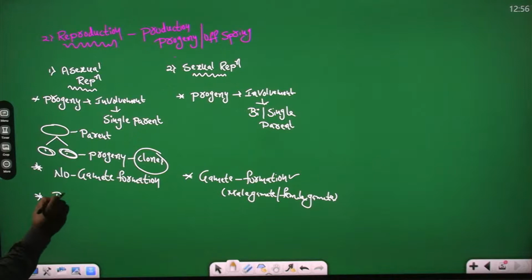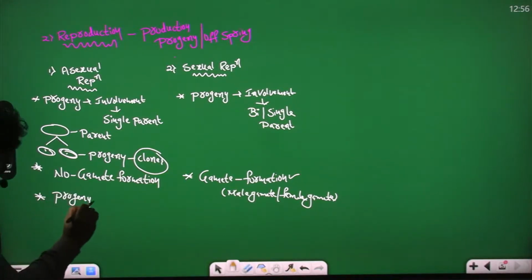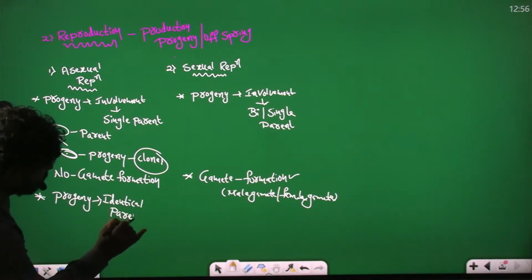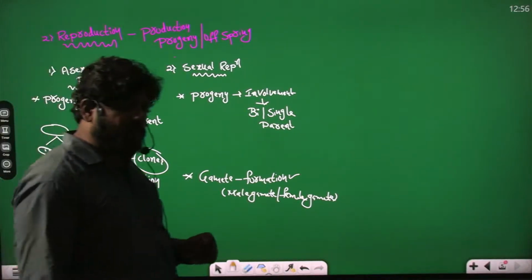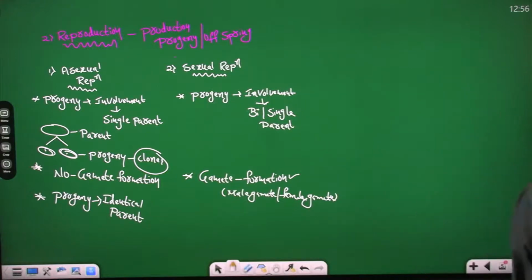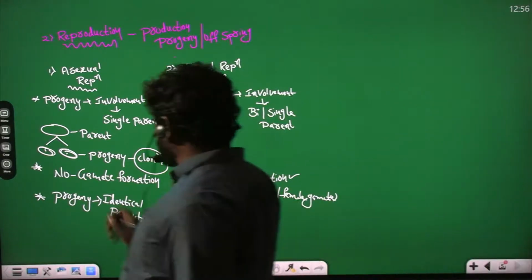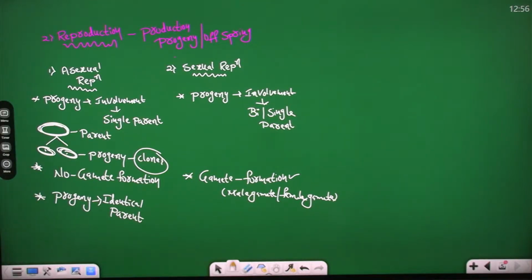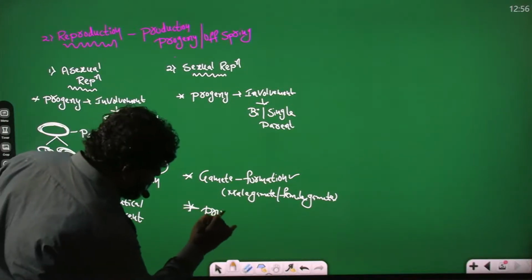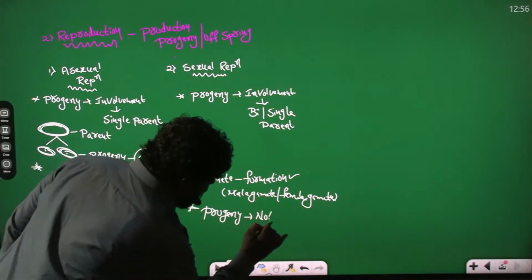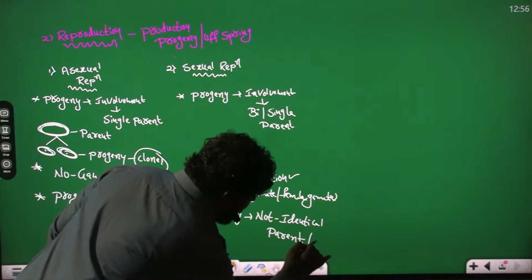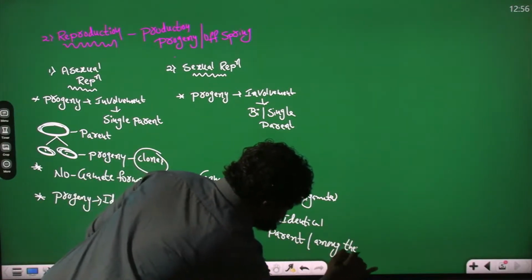Because only one parent is involved. But in sexual reproduction, whatever progeny is formed is not identical to the parent and among themselves.